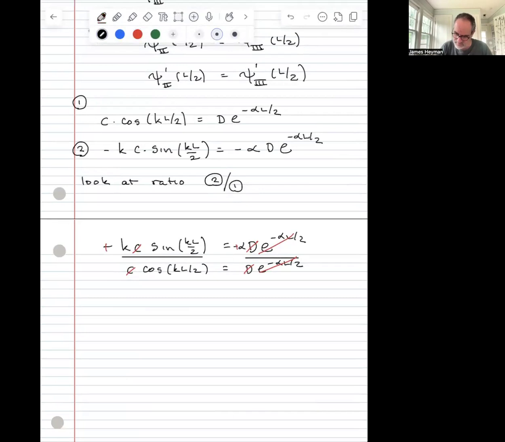And here's what we're left with: k times sine of kL over 2 divided by cosine of kL over 2 is equal to alpha. Or even more simply, k times tangent of kL over 2 is equal to alpha.